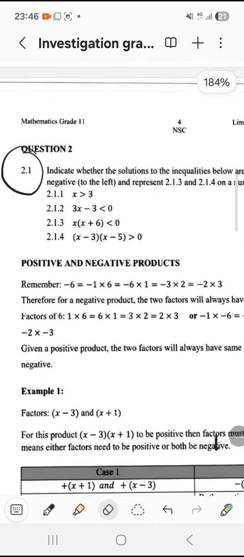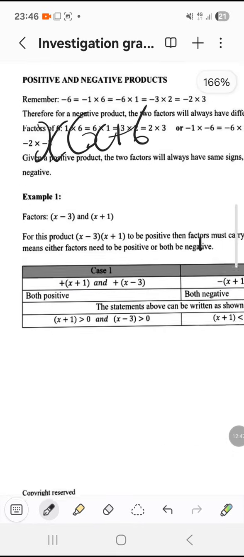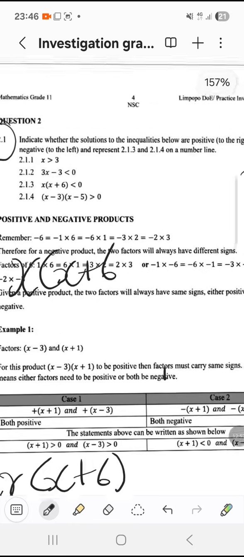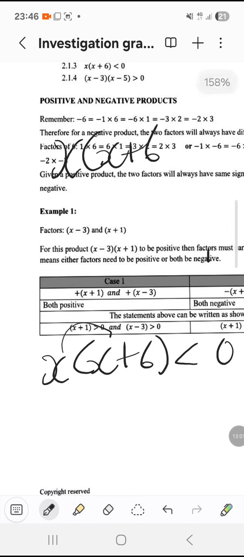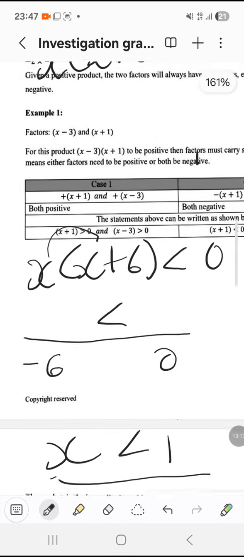Now 2.1.3, same thing. Let's try it. So x plus 6, close bracket, less 0. So we have 0 and -6. -6 and 0. And that. So we have an intersection.